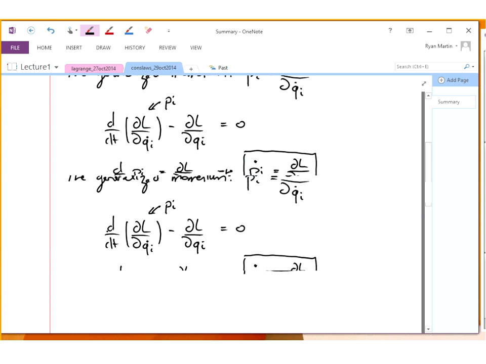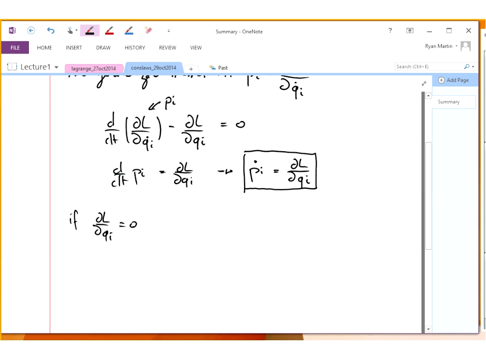So you see here that if ∂L/∂Qi equals 0, so the Lagrangian does not explicitly depend on the Qi. It could depend implicitly on the Qi, but not explicitly. In that case, we see that Pi dot equals 0, or we see that Pi equals constant.